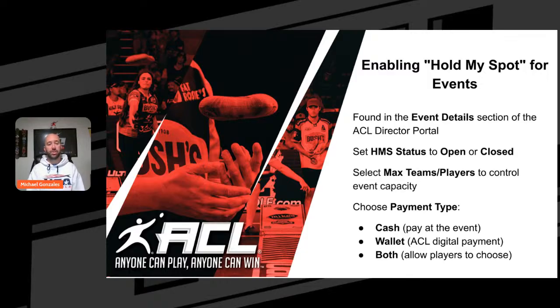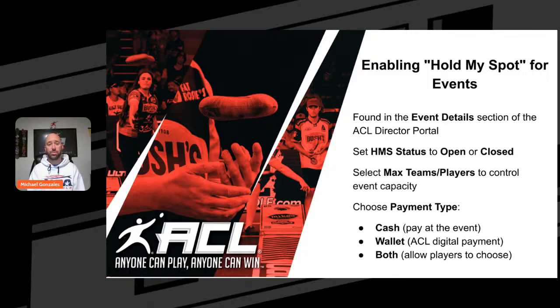The first one is you need to select whether it's open or closed. There's a button for open and a button for closed. You've got to have that one open if you want people to access it. The next one that people sometimes miss is you are required to select a maximum number of players. You can select zero, meaning no maximum, or you can scroll down and select 21, 32, whatever player max you might have for that particular event.